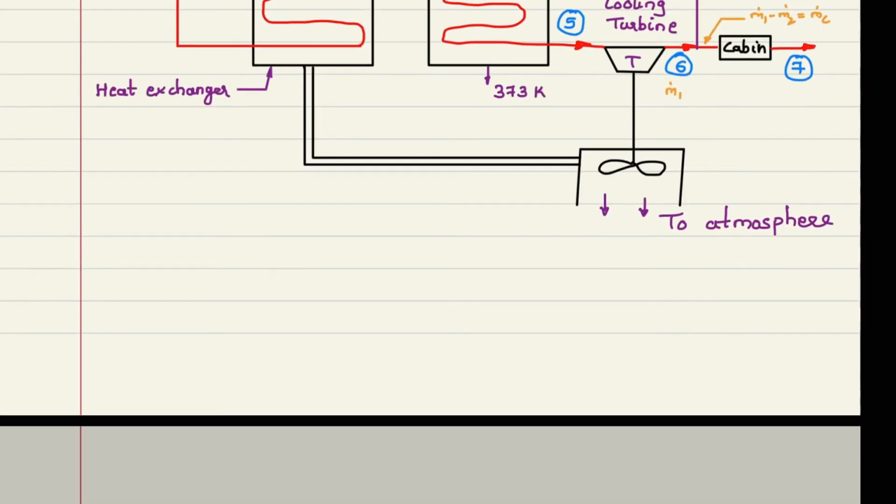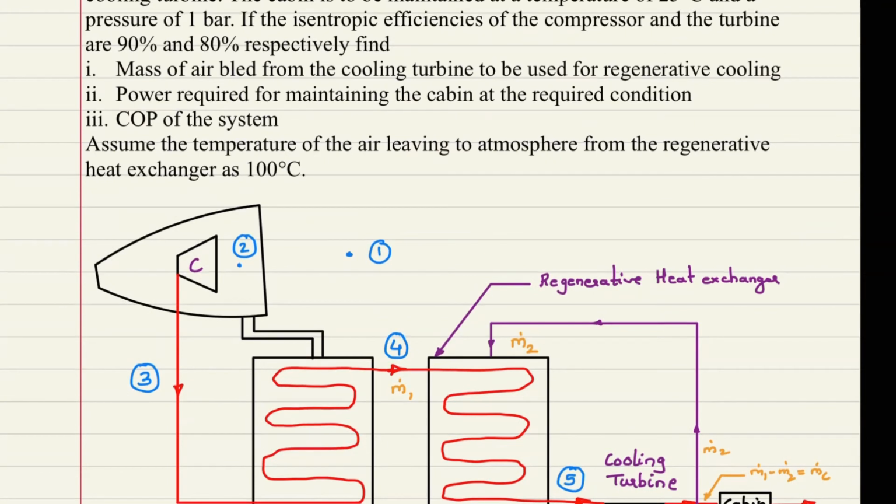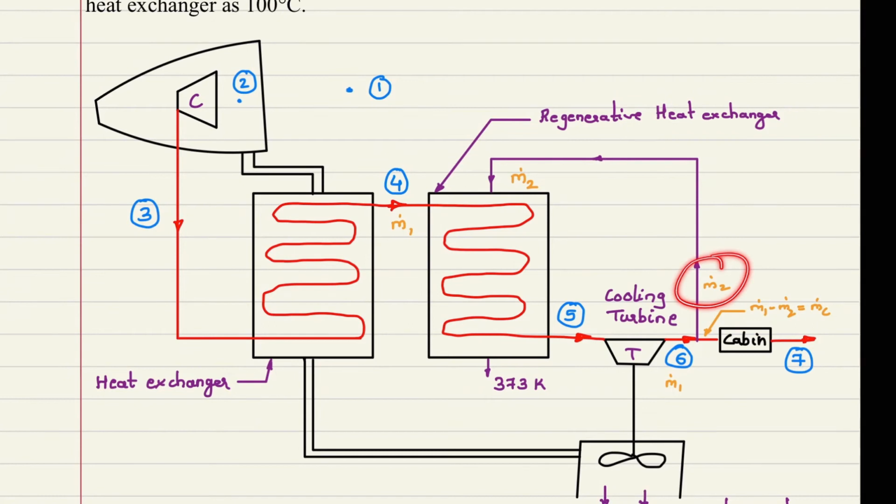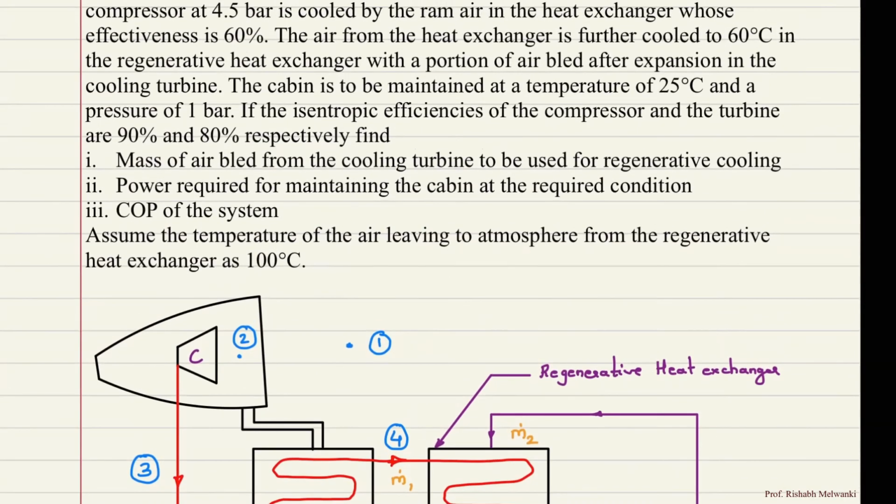Now the first question we will see: the mass of air bled from the cooling turbine to be used for the regenerative heat exchanger. That mass we have denoted over here as m2. Now how to calculate this mass? In order to calculate this, some data has been given. Assume the temperature of air leaving to atmosphere from the regenerative heat exchanger as 100 degrees Celsius.